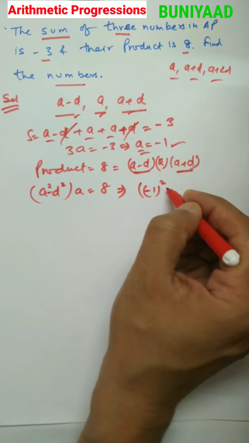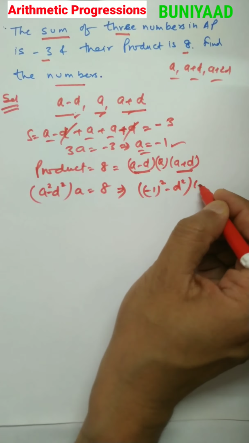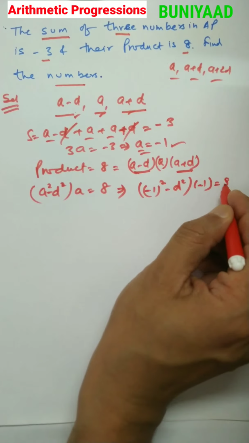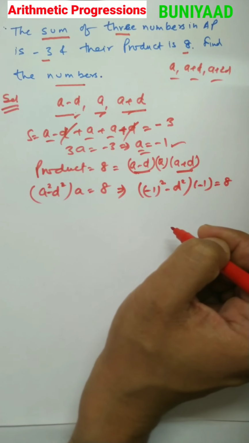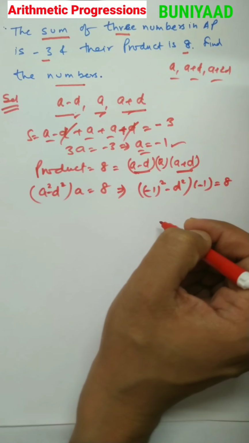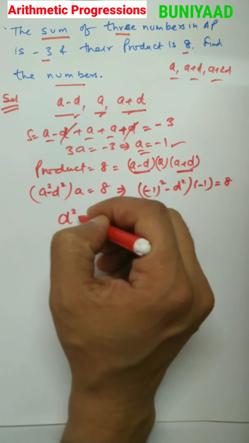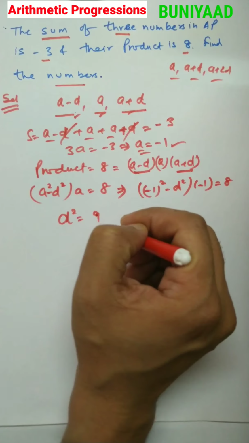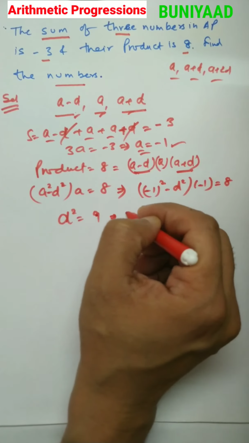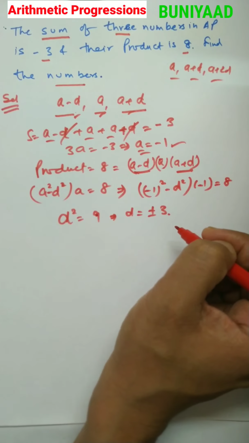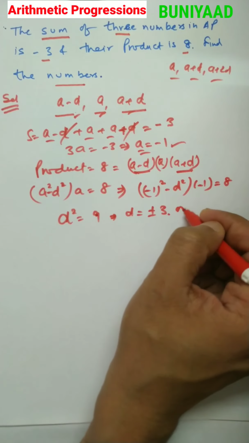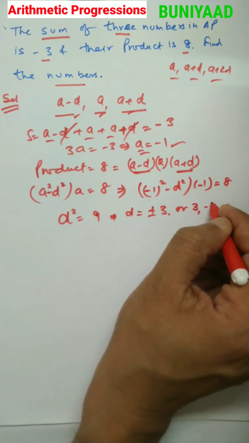So minus 1 into, a square minus d square, this is minus 1, equals 8. On simplification, you get d square equals 9. So d will be plus minus 3, or you can say this is 3 and minus 3.